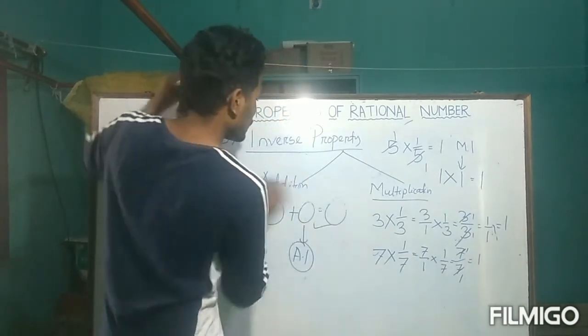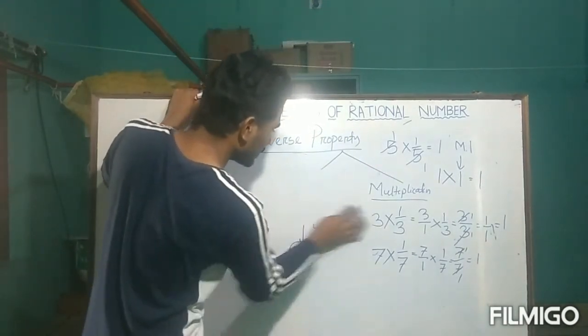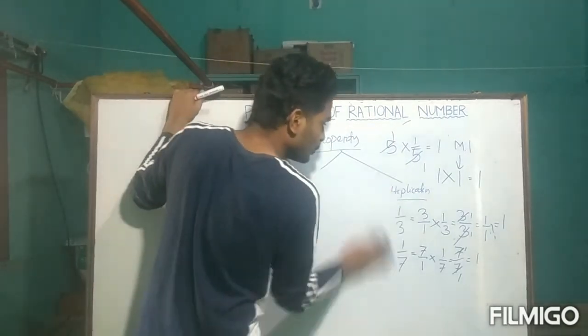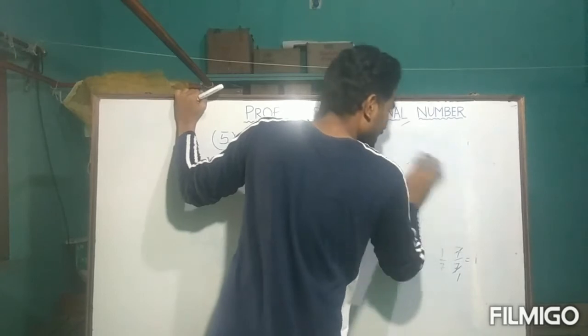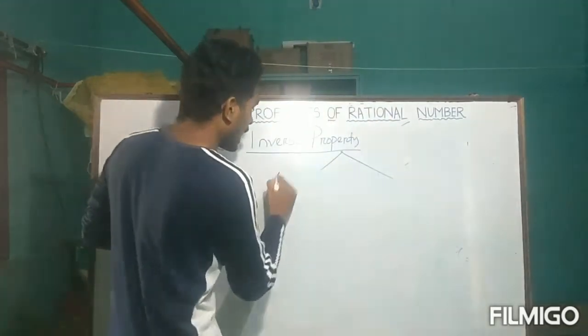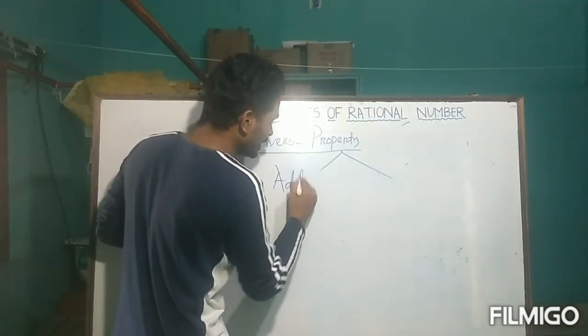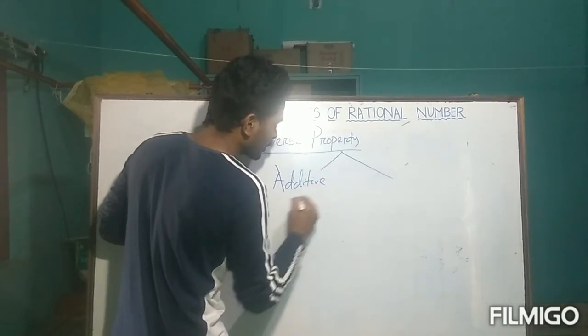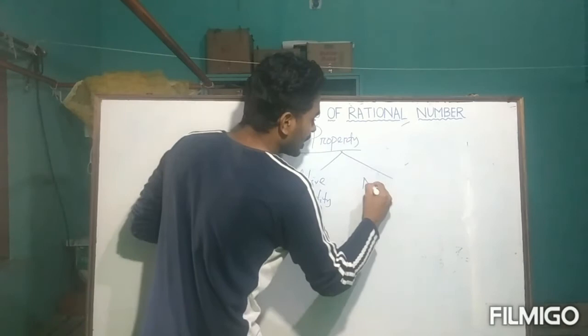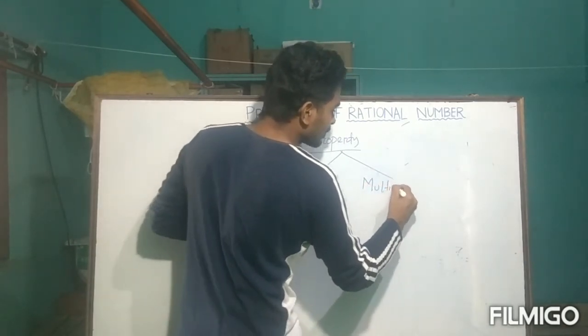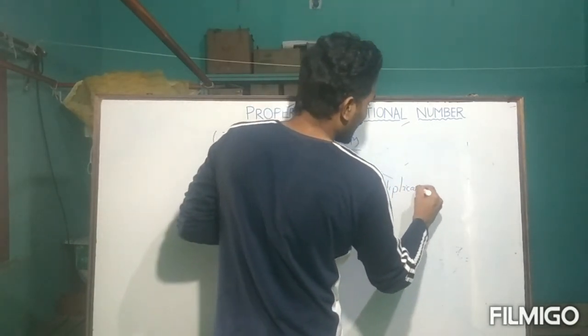Okay? Now, from this property we have to find out one more property. What is that? That is additive identity. Okay, and multiplicative identity.